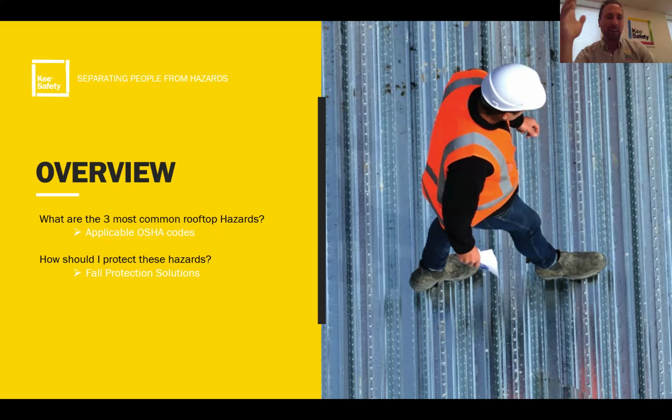Now, if you're my client, I want to set a stage, okay? I want you to visualize what I typically see. Typically, I'll come out, I'll meet you. You're a building owner, a safety manager, you may be a specifier, architect, or engineer, but you're in a facility where you have concerns with the work going on on the roof, the maintenance of the facility.